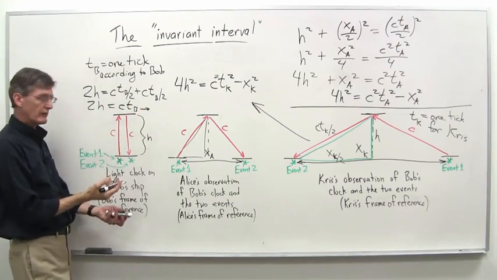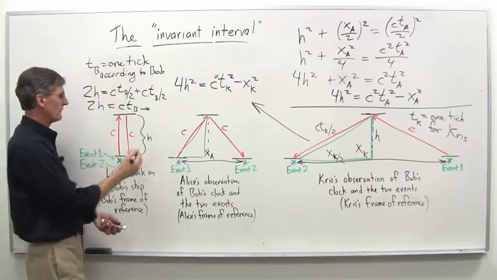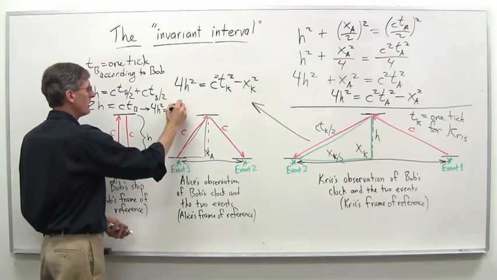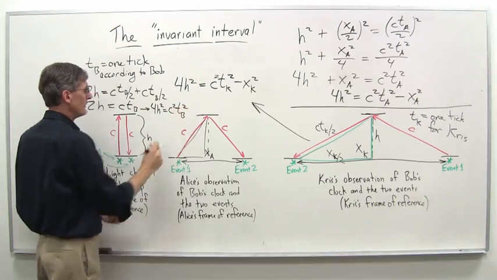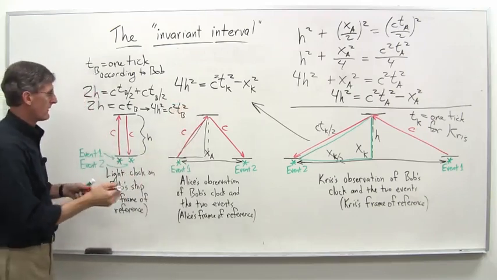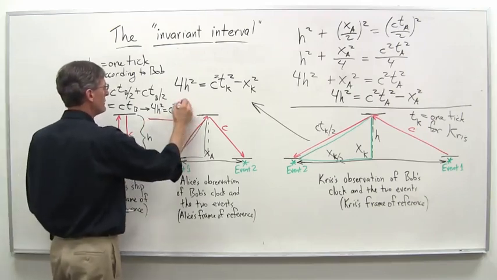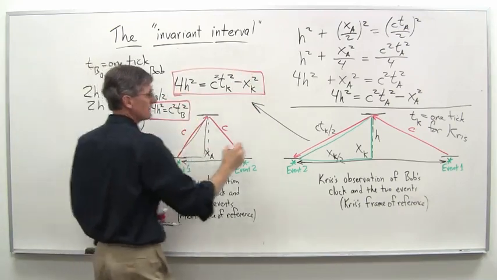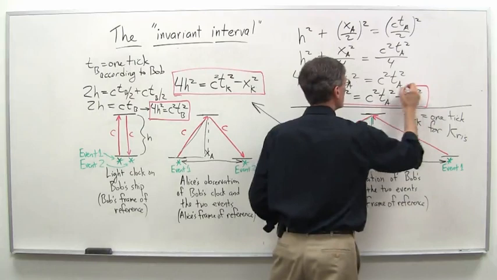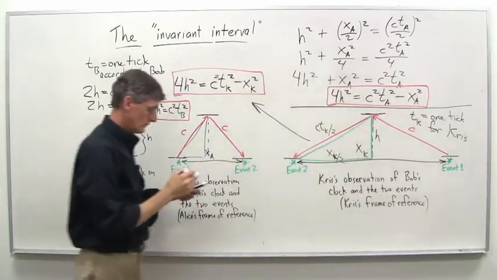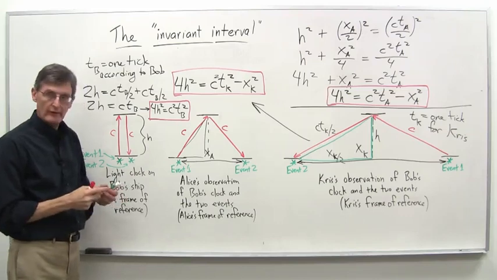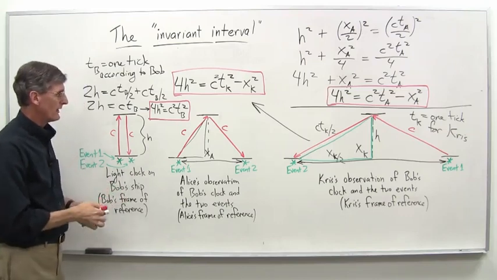If we square each side, which we can do, everything is positive here, we get 4h squared equals c squared tb squared for Bob. So let's highlight these. This is Bob's here, this is Chris's result, and this is Alice's result. And note how I've written them. You may have hopefully caught on by now what's going on here, or have an idea.